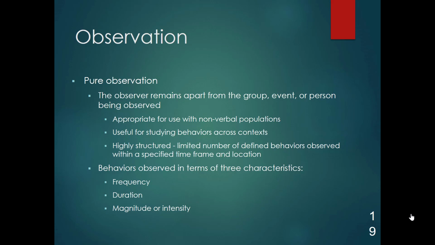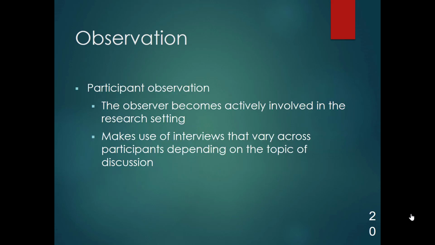Behaviors observed in terms of 3 characteristics would be the frequency of the behavior, the duration of the behavior, and then the magnitude or intensity of the behavior. Remember, we talked about those 3 things when we were talking about single systems design. Then you can also have participant observation. With participant observation, the observer becomes actively involved in the research setting.